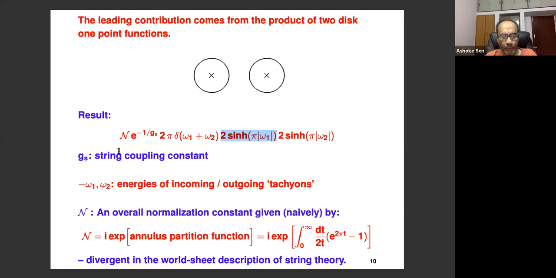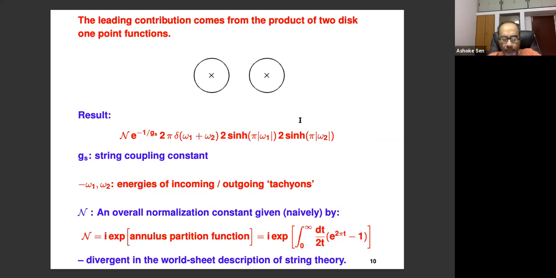And finally, there is this normalization factor N. The naive expression for this normalization factor is given here. So it's i. This i is common because in all string amplitudes, when you compute the S matrix, you have a factor of i. And then it's given by the exponential of the annulus partition function. Now, why the exponential of the annulus partition function?